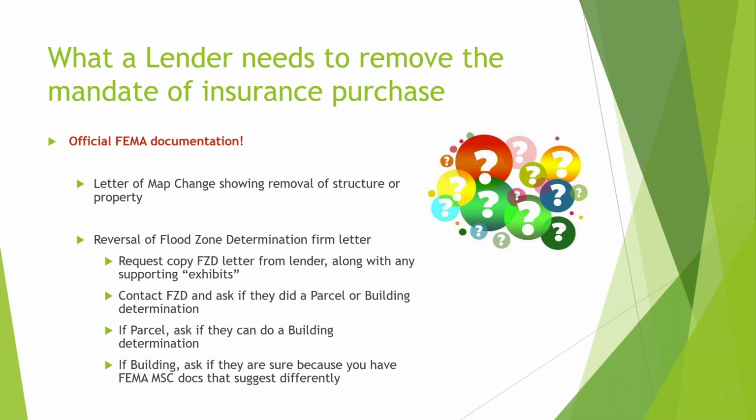Lenders don't do that themselves. They're bankers. They're not floodplain people or engineers or surveyors. So they usually contract with a third-party determination company or a flood zone determination company.